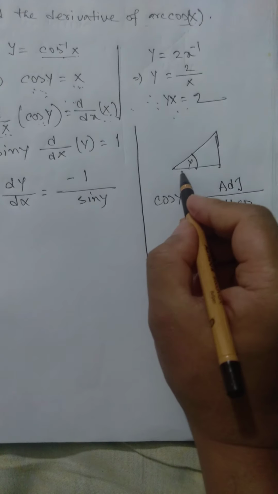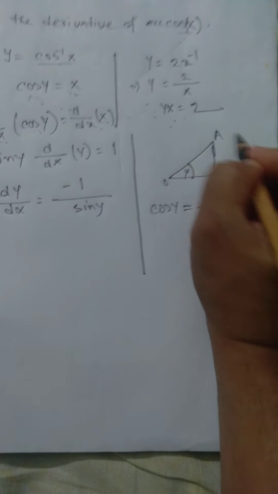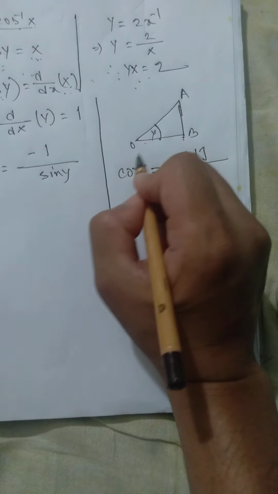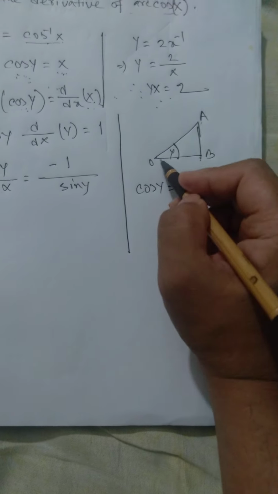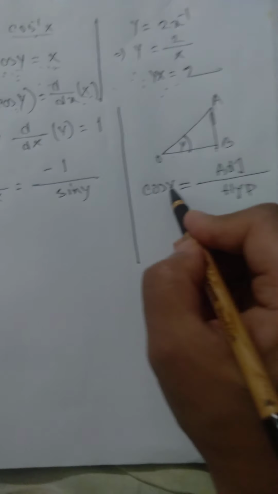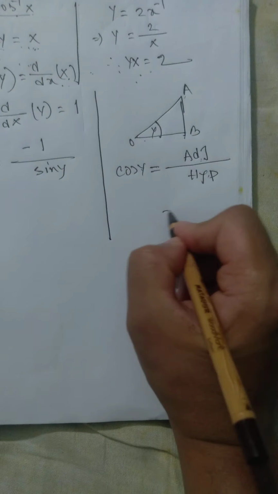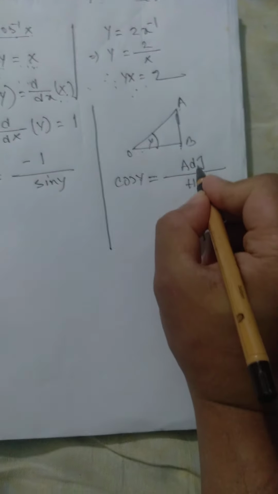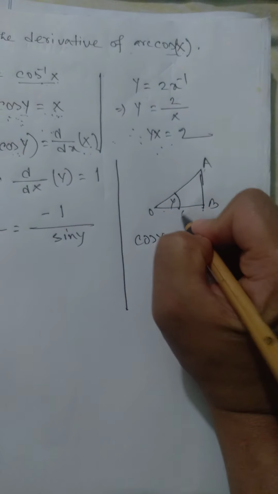What is the adjacent here? In triangle OAB, the adjacent is OB and the hypotenuse is OA. So cos y equals x means adjacent by hypotenuse; there is nothing under x, so I can presume it's 1. Hypotenuse is 1, adjacent is x.